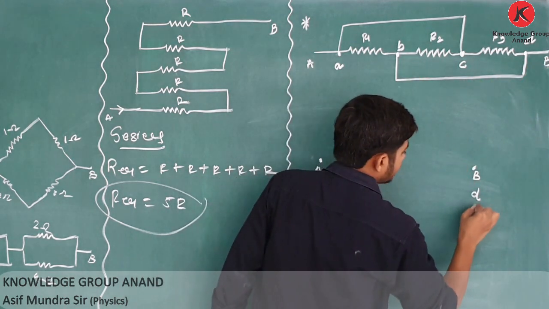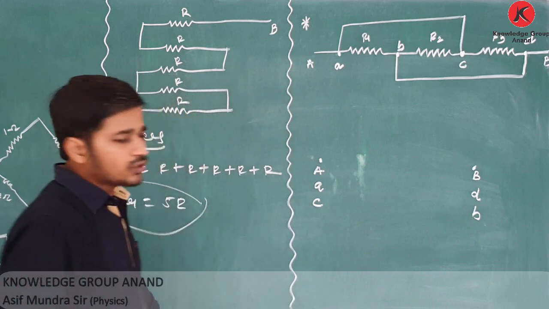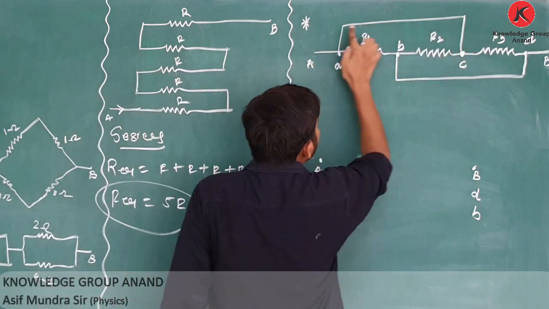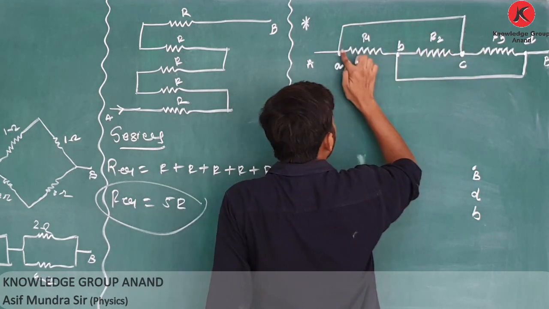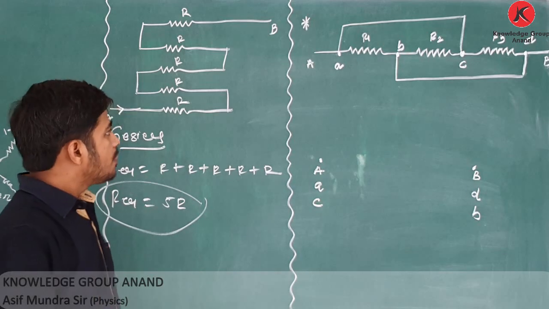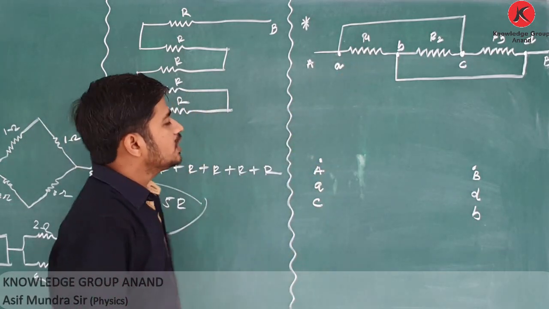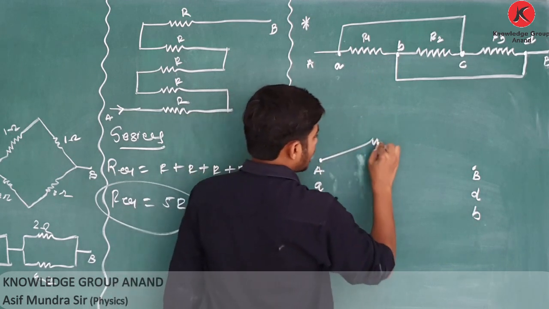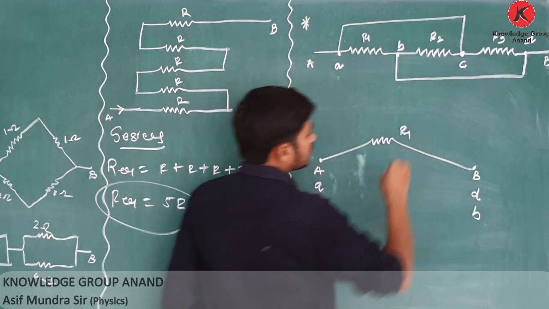So this is D and D. Okay. So what is the common point? See, this A and C, with no electrical component between them, are called common points. Now this first resistor R1 is connected between small a and small b. Here it is small a, here it is small b, then this is the first resistor R1.